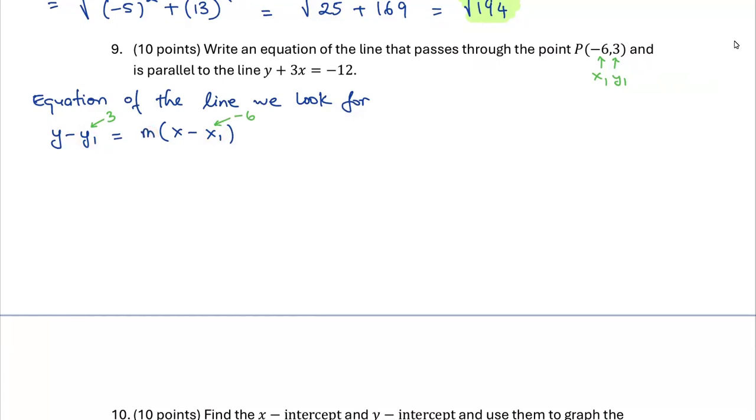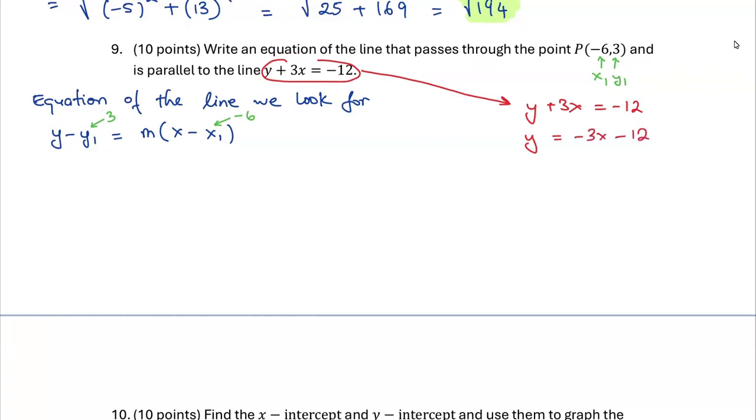So we have to use the information from the second line. When two lines are parallel, they have the same slope. So for the second line, that line right here, y plus 3x equals -12. So I need to find the slope, move the 3x away. I have y equals -3x minus 12.